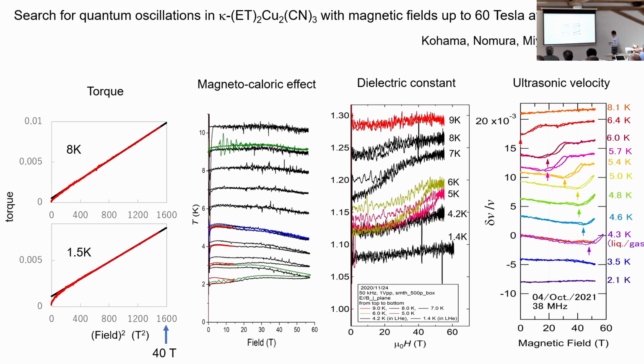In collaboration with the ISSP people at the University of Tokyo, we did high field experiments: torque, magnetocaloric effect, dielectric constant, and ultrasonic velocities. But unfortunately, we did not see any indication of quantum oscillations.